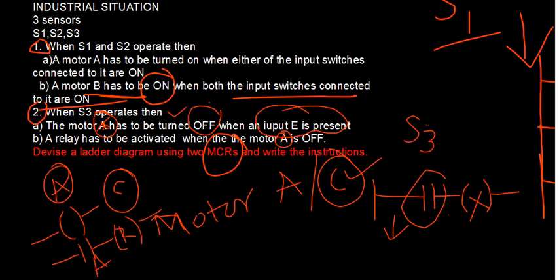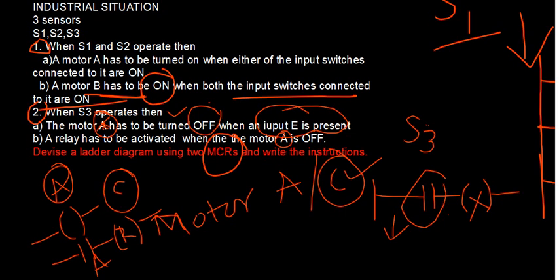When motor A is started, when any one of the switches connected to motor A is turned on, motor B is to be started when both of the switches connected to motor are turned on. They may represent some other situation. It's an example, right? So that is taken care of by your MCR 1, master control relay 1 here.